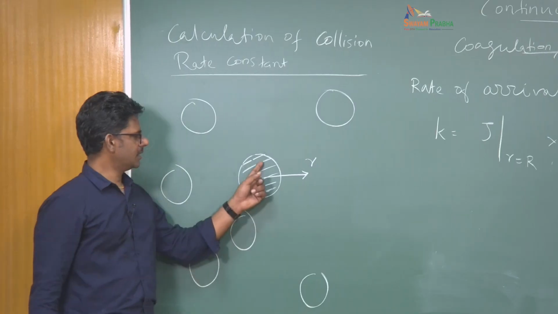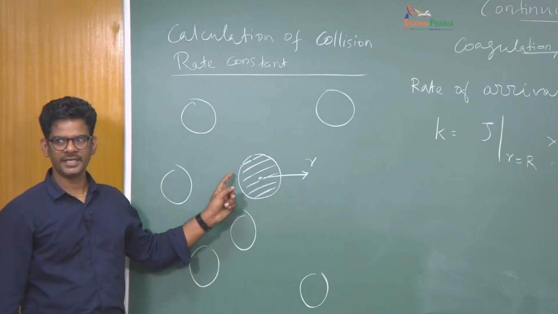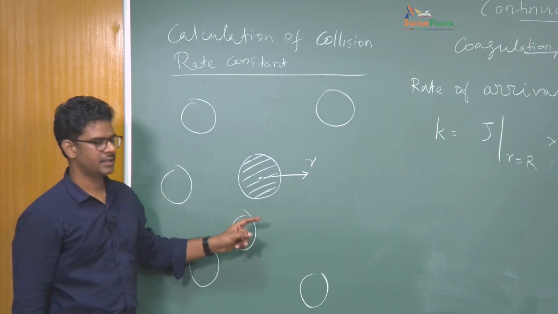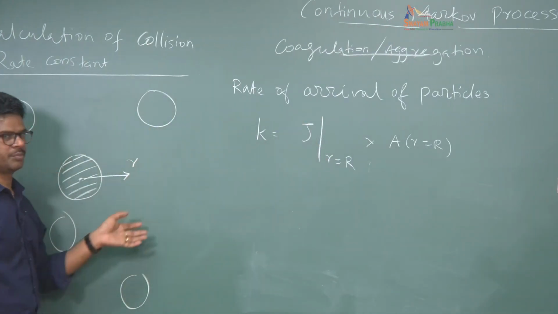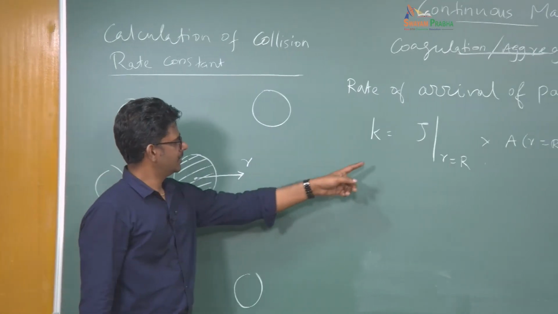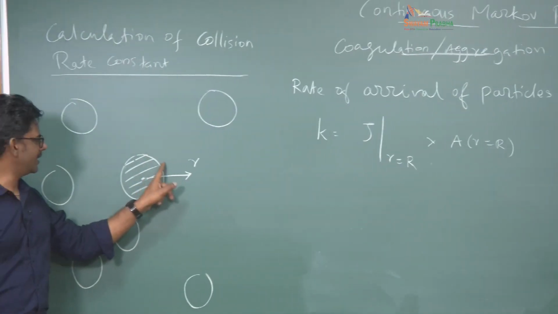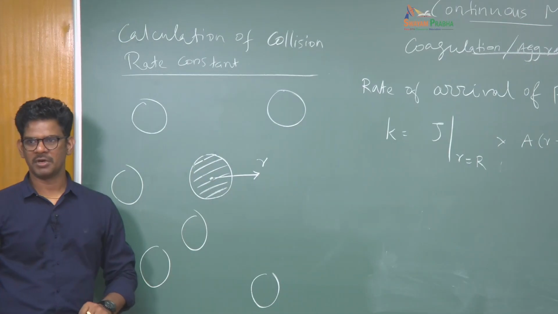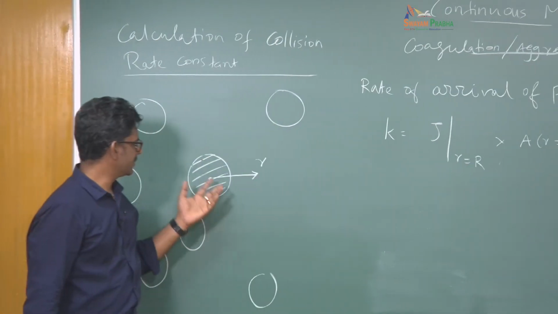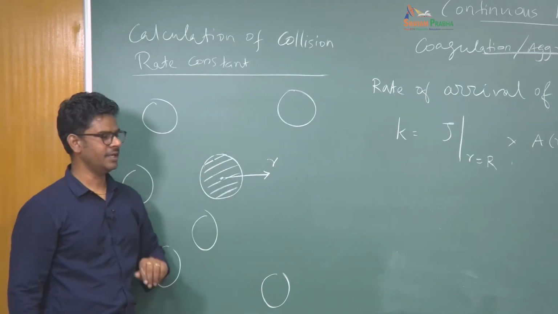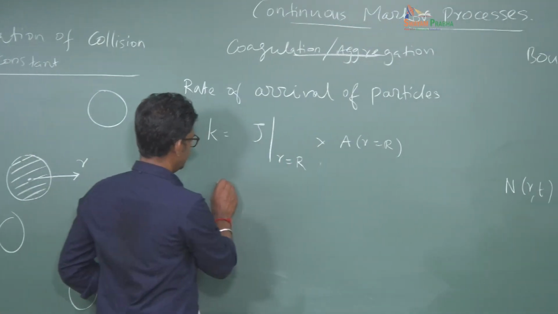So let us say this capital R is the radius of the particle, and the rate of arrival of all the neighboring particles is nothing but the flux calculated at small r equal to capital R times the area. The area is the area of this particle, so it is 4 pi r square.